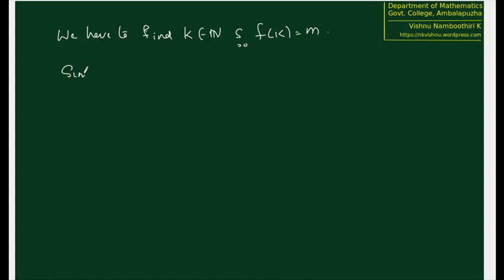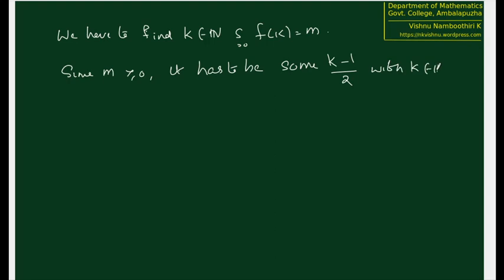Since m is greater than or equal to 0, it has to be some k minus 1 by 2 with k a natural number.